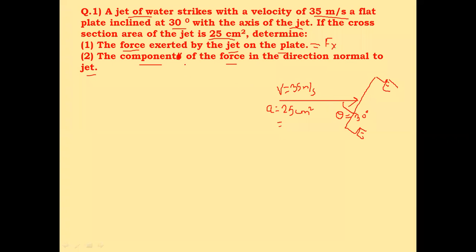And next we have to find the component of the force in the direction normal to the jet. That means we have to find Fy, because Fy is the component of the force in the direction normal to the jet. And in order to find Fx and Fy, first we have to find the value of Fn.